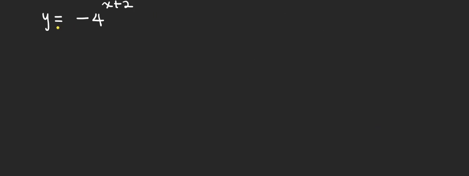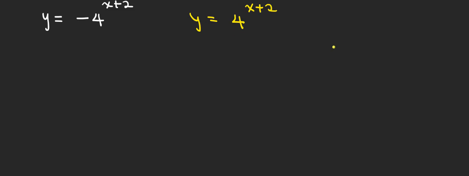Now, what if you want to graph y equals -4 to the x plus 2? In order to do that, you first need to sketch y equals 4 to the x plus 2. And then this is the opposite of this. So this graph will have a reflection with respect to this graph. So how does this graph look?